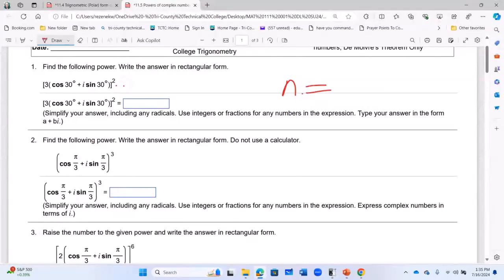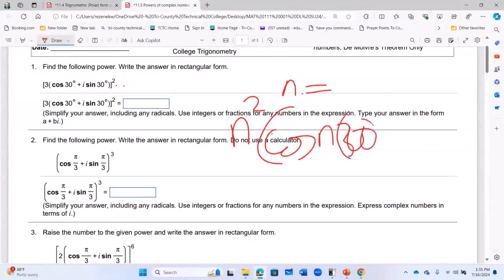If this is n, you can now say that you take r to the power n, and you multiply that into cosine of n times the angle in the middle, plus i sine of n times the angle in the middle. Okay.